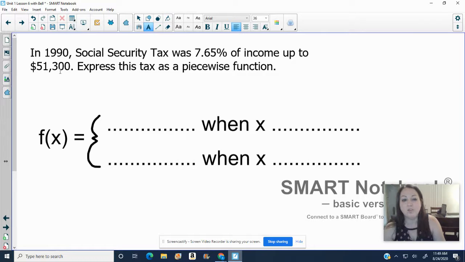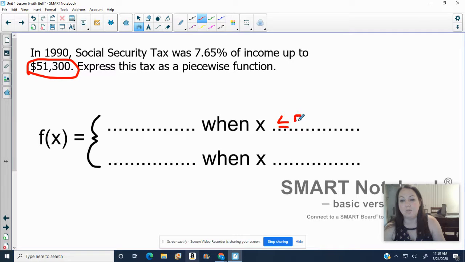So I'm actually going to do the same thing that I did on that first video in example 9. We are going to start by setting up our domain values over here for what happens when X is what. So it all has to do with our income limit of $51,300. On this top line, we are setting up less than or equal to that amount, $51,300.